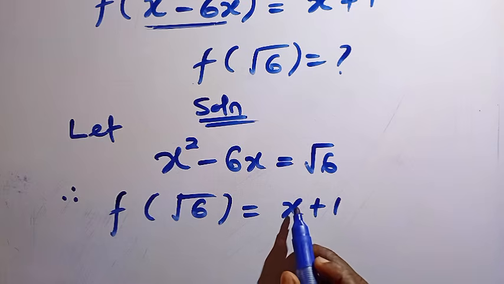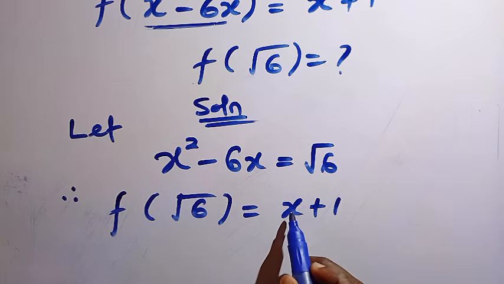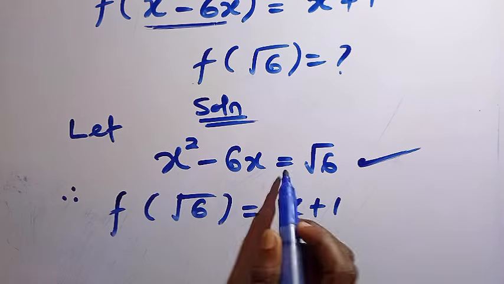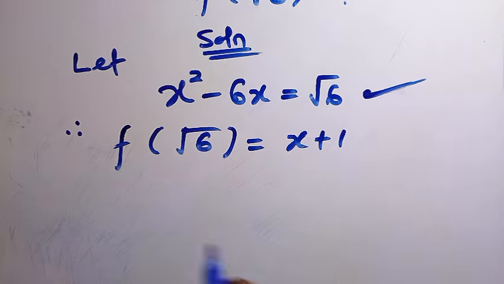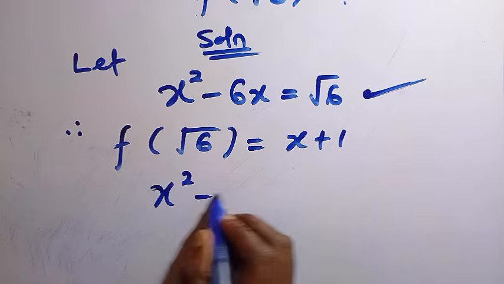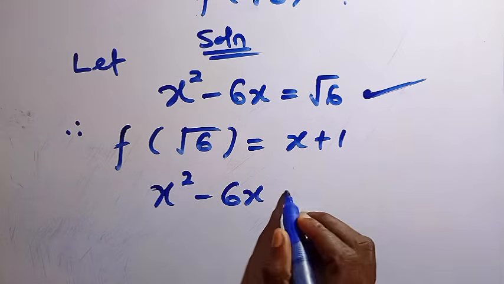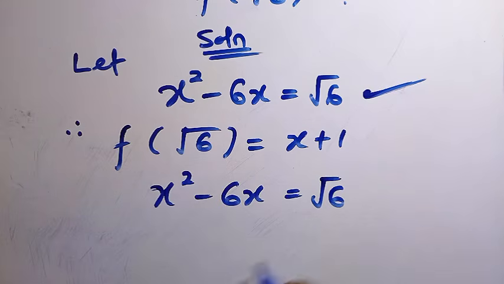But we need to know the value of x. And we can only know the value of x by solving for x at this previous line. So let's find x there. We have x squared minus 6x equals square root of 6. Let's try to balance the square here.